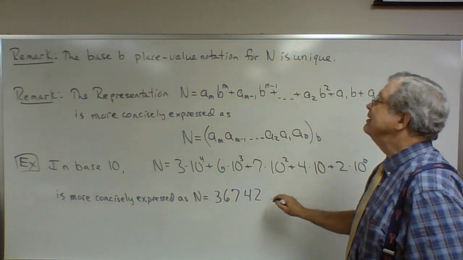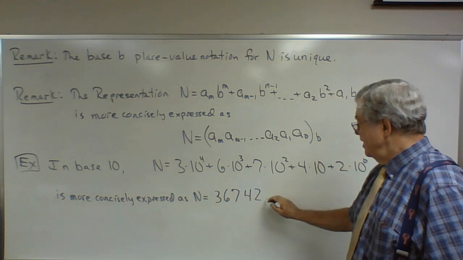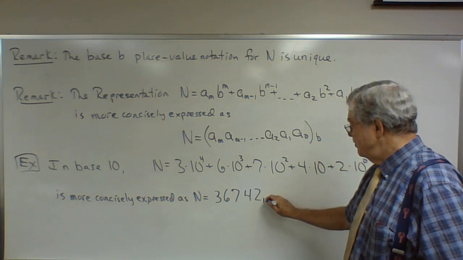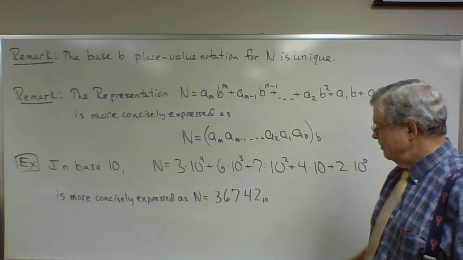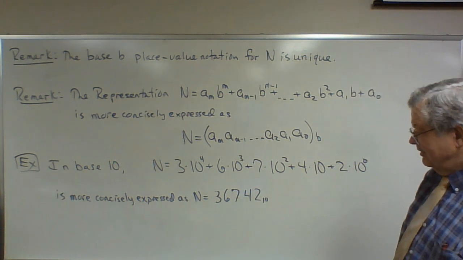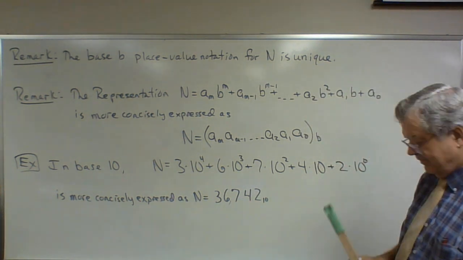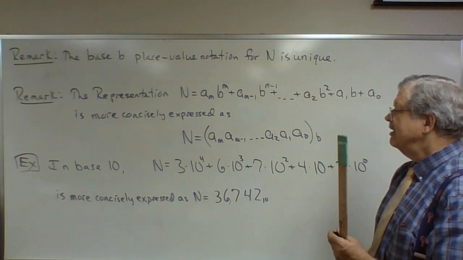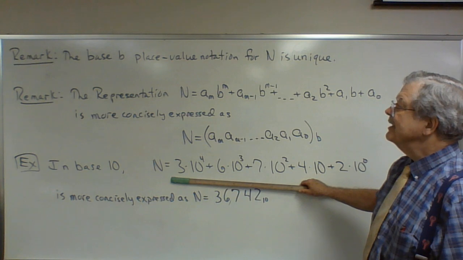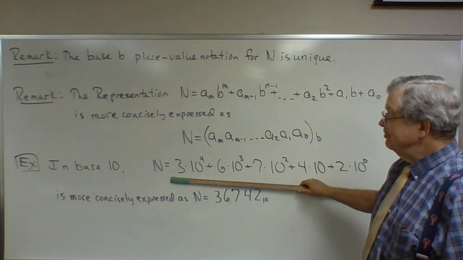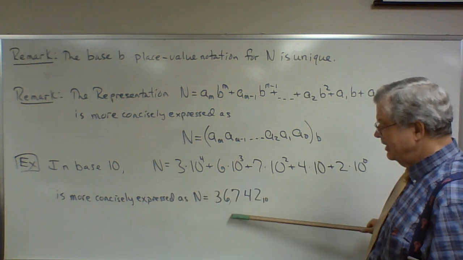To be consistent with what we've been saying, if necessary, we put a 10 here so that we know we're talking about a base 10 number. And it's customary to put a comma between thousands and hundreds. So the more concise way of expressing this place value notation for N in base 10 is to write it this way.